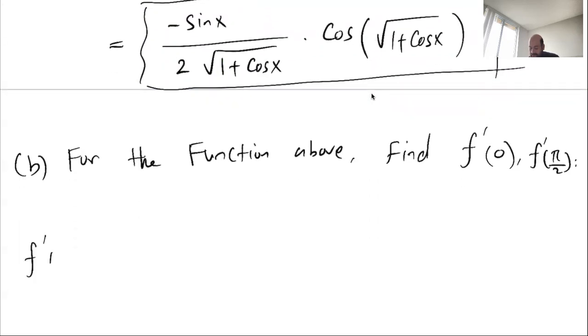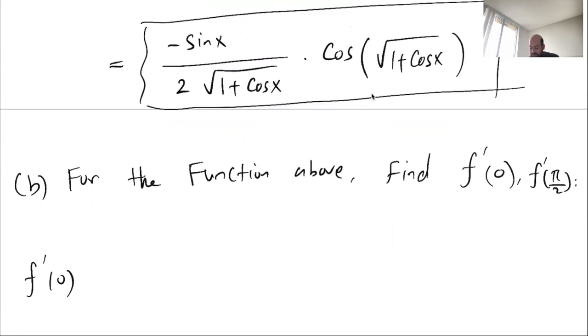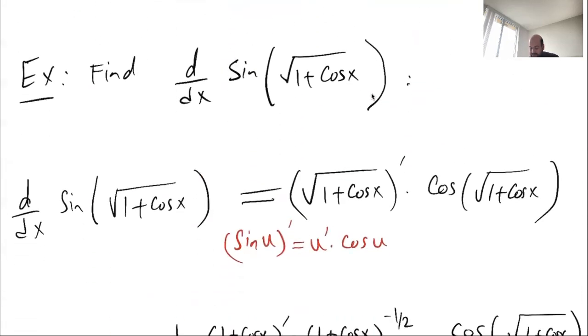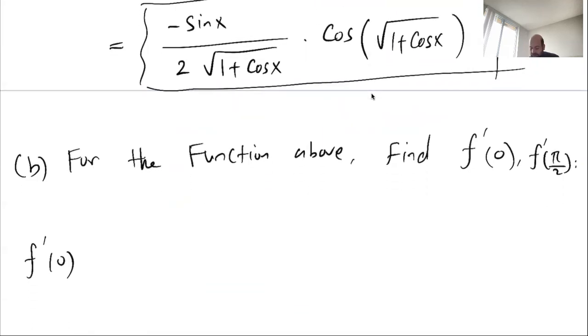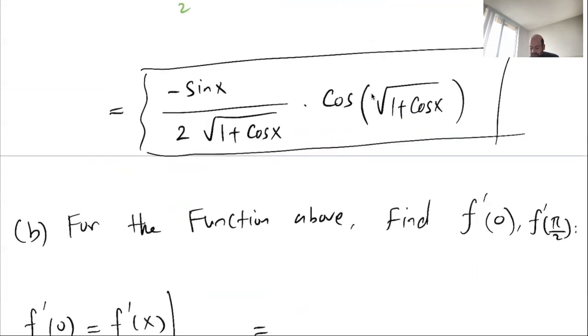So f prime of 0 means what? This is f prime of x. I just need to evaluate this function at x equals 0, meaning that I just need to replace x with 0. F prime of 0 means f prime of x evaluated at x equals 0. So then just replace x with 0 here.